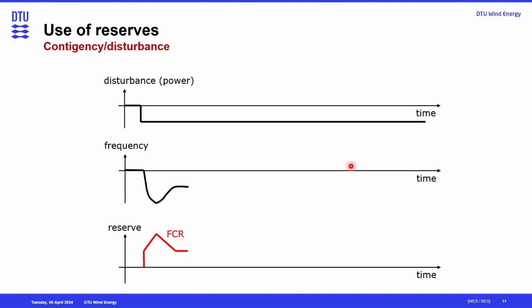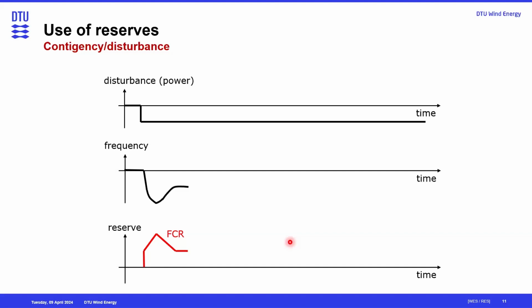I think in India and many other countries, it's also called primary reserve. As the name suggests, frequency containment reserve, the aim is to contain the frequency from going down to a very low value or very high value. However, it does not bring the frequency back to the initial value, that's the 50 hertz.